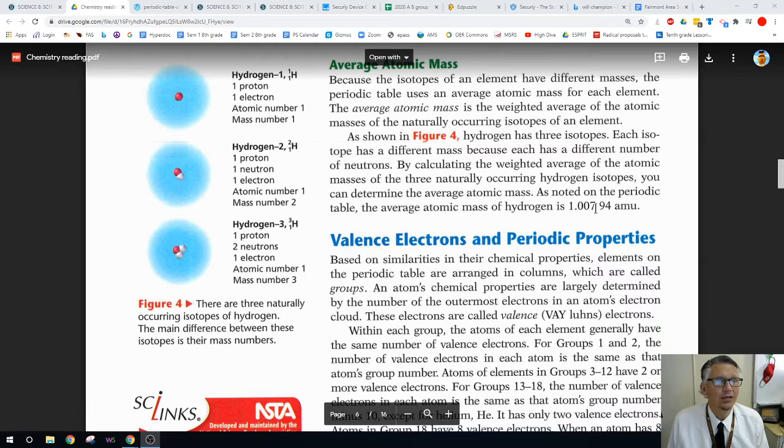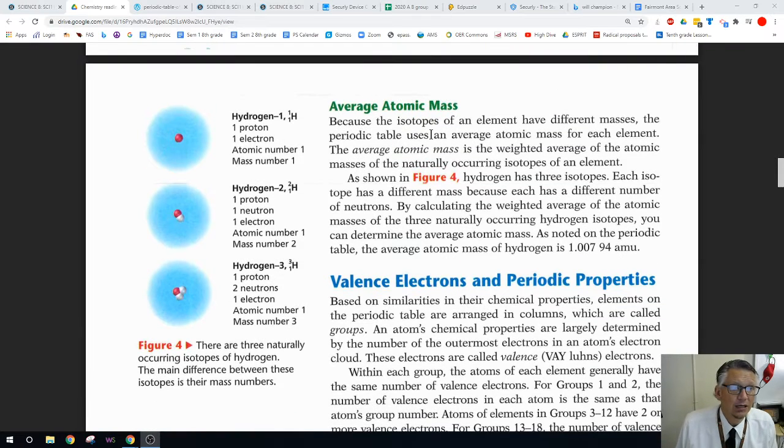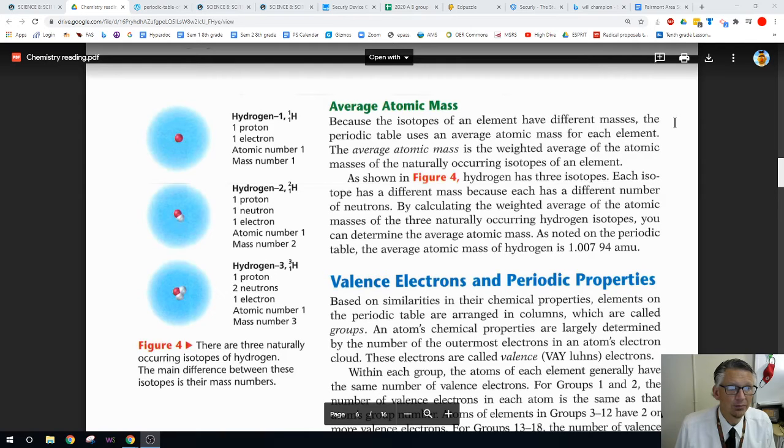Average atomic mass. Because the isotopes of an element have different masses, the periodic table uses an average atomic mass for each element. The average atomic mass is the weighted average of the atomic mass of the naturally occurring isotopes of an element. As shown in figure 4, hydrogen has 3 isotopes.